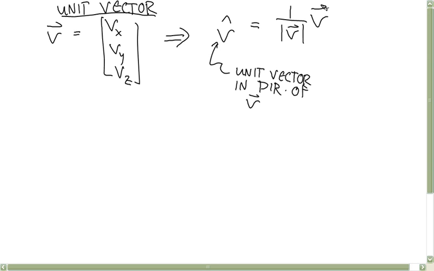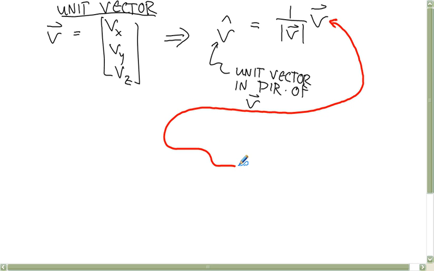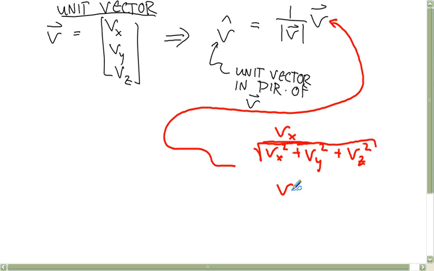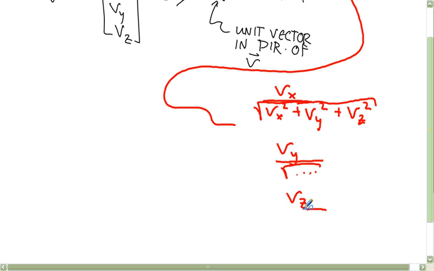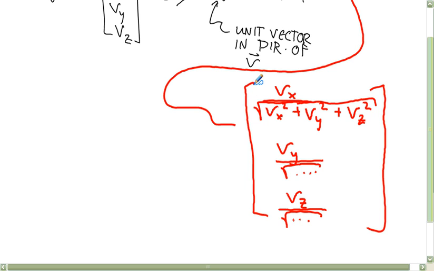You can rewrite that as vx over the square root of vx squared plus vy squared plus vz squared, that's the first component, vy over that same square root, and then vz over that same square root. And that's your vector.